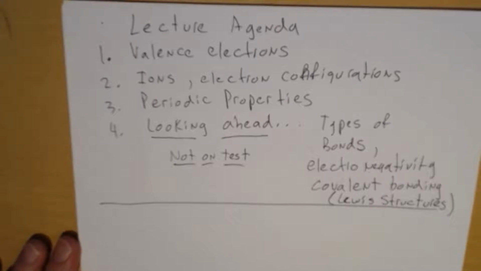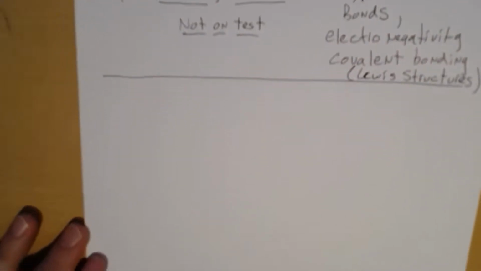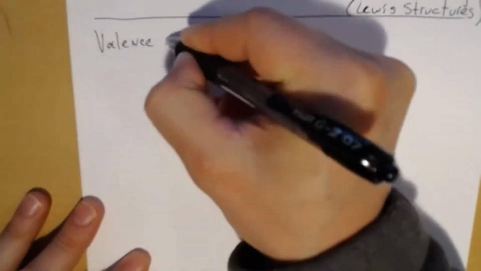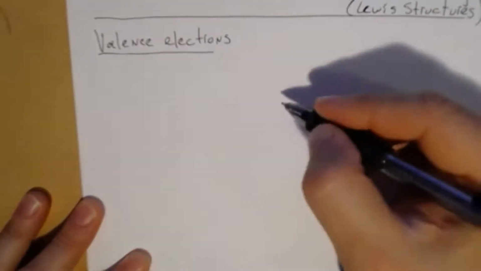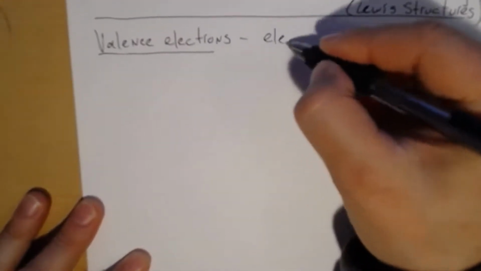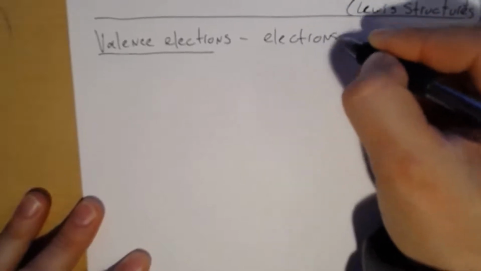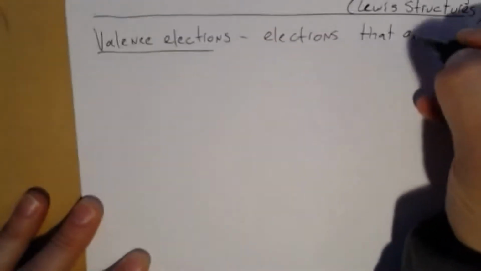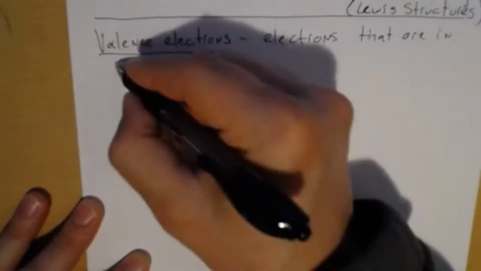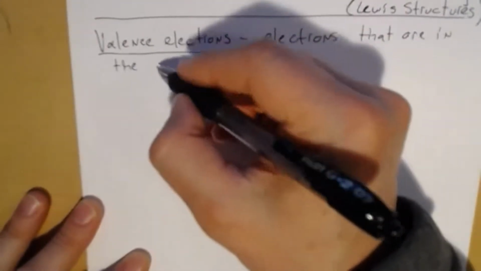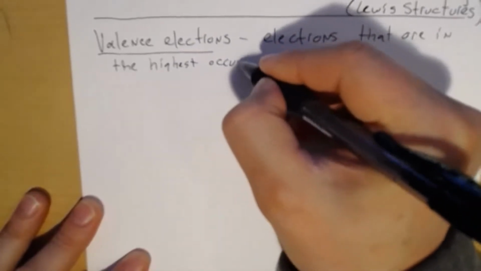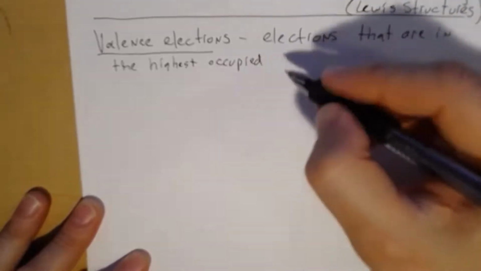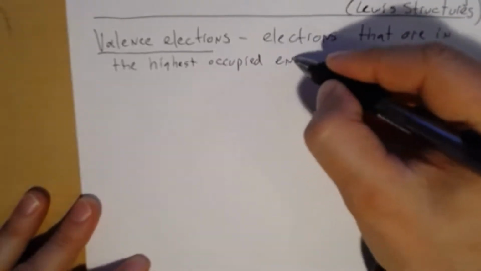Okay, so let's talk about valence electrons. Valence electrons are electrons that are in the highest, we should say occupied, energy level.